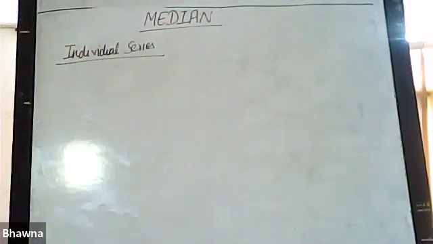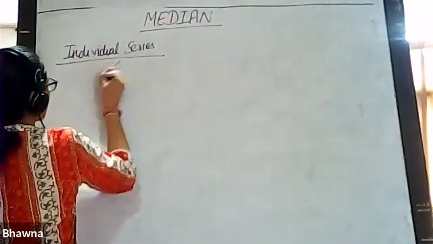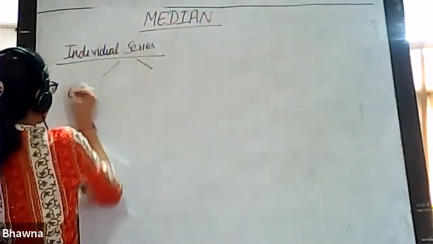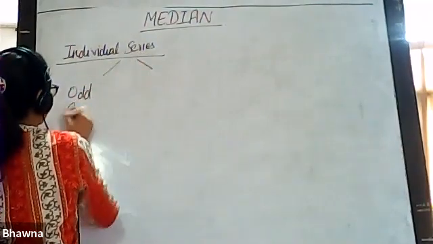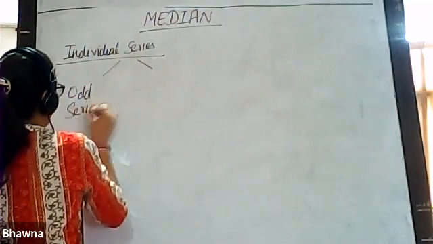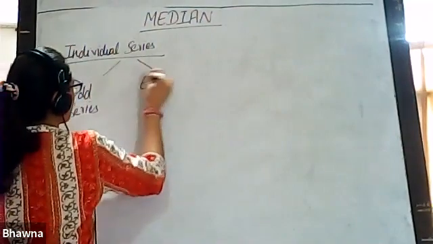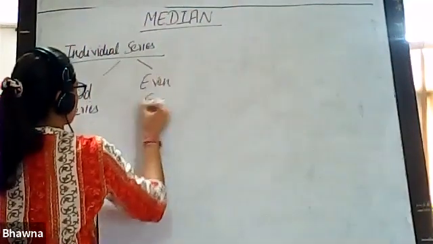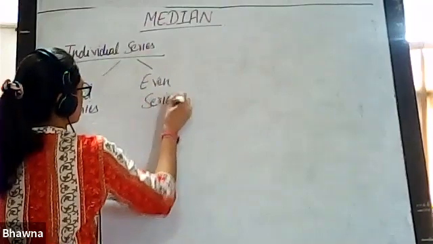In individual series with the help of the direct method, there are two series further. First one is the odd series and the second one is the even series.